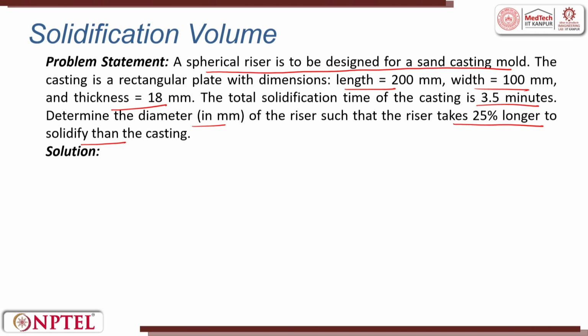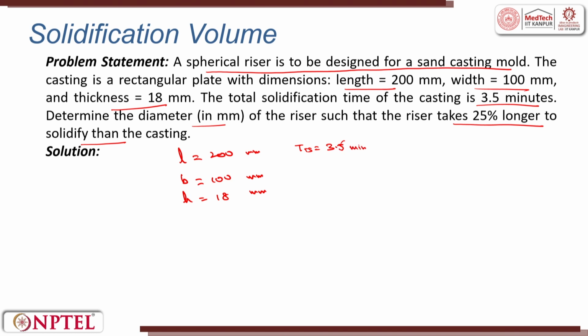So, we have been given here length, breadth, height as 200, 100 and 18 millimeters respectively. You call it height or you call it thickness, it is given thickness here. Total solidification time TTS is given here, 3.5 minutes.